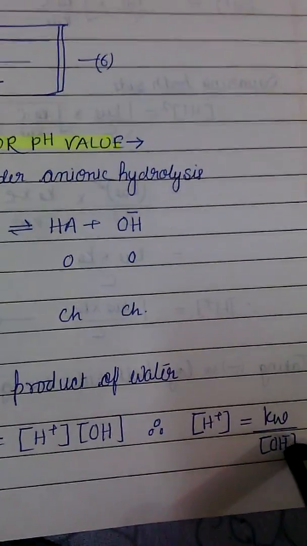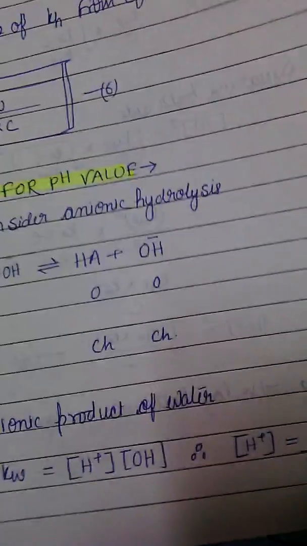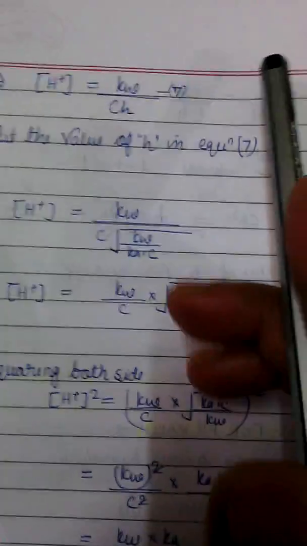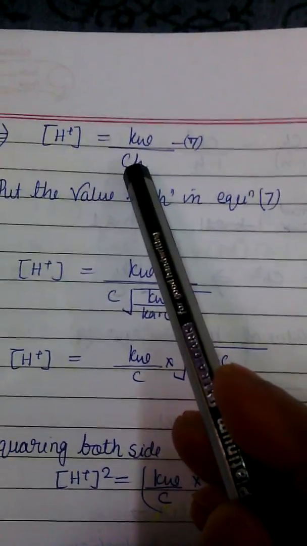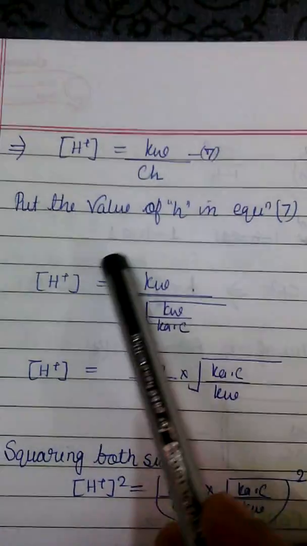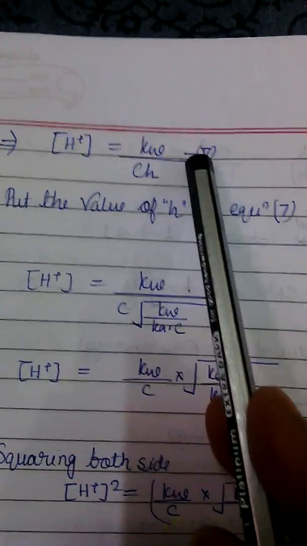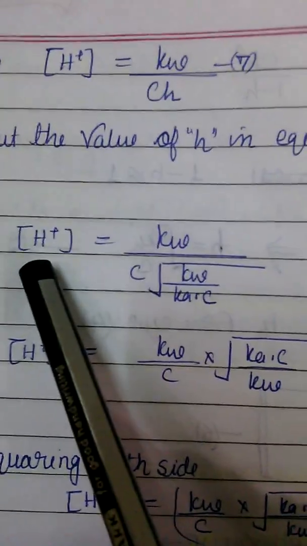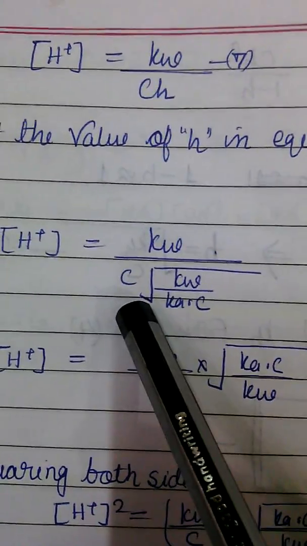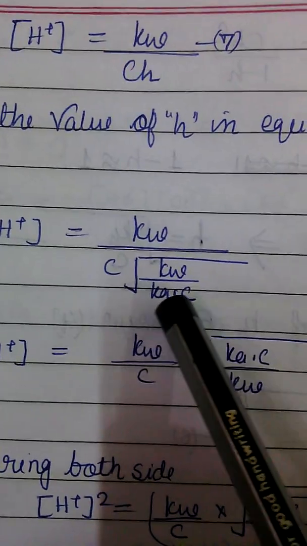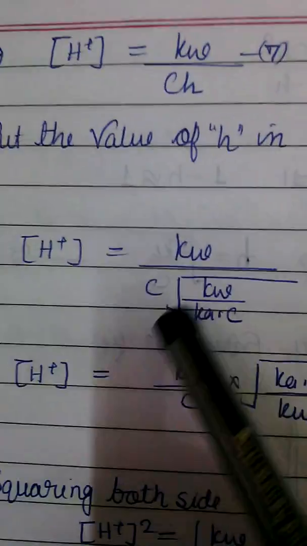Now putting the value of concentration of OH-, we have concentration of H+ equal to Kw by Ch. Now putting the value of degree of hydrolysis, we get concentration of H+ equal to Kw by C into root under Kw by Ka into C, which is the expression for degree of hydrolysis.